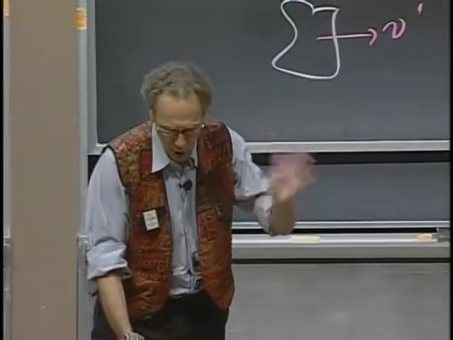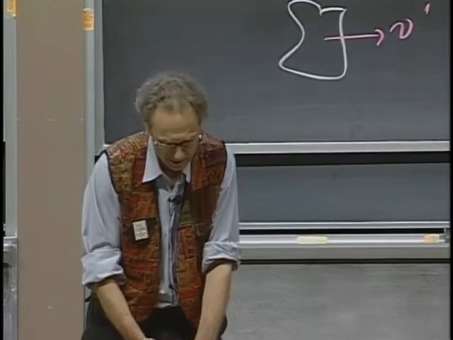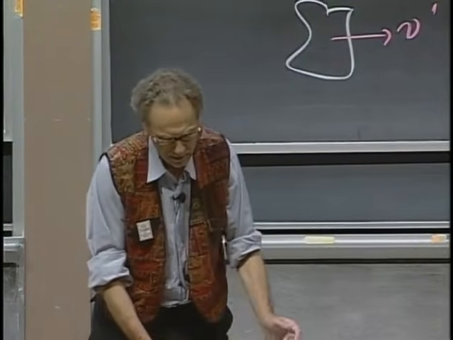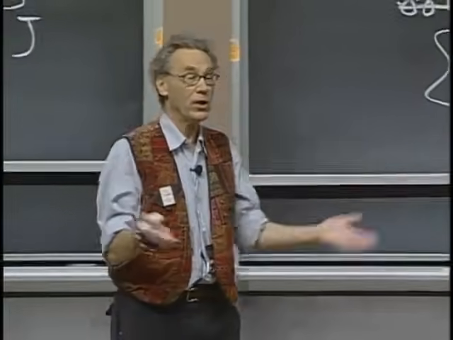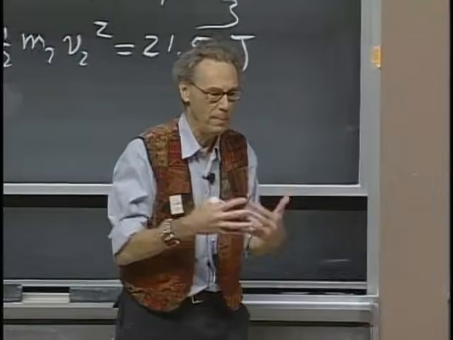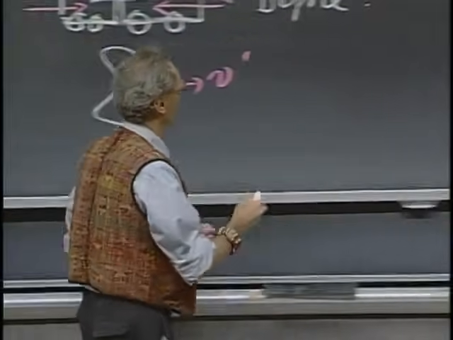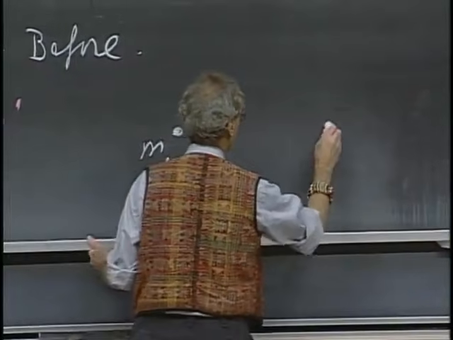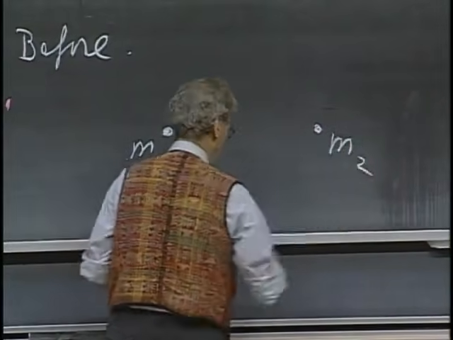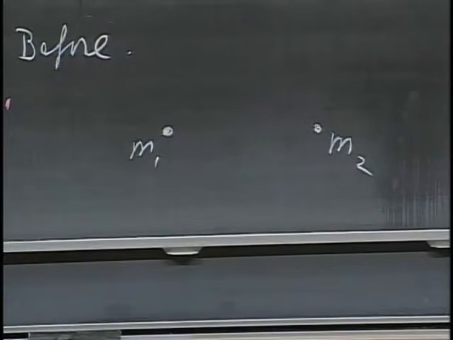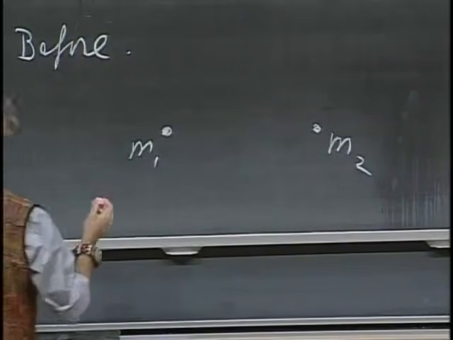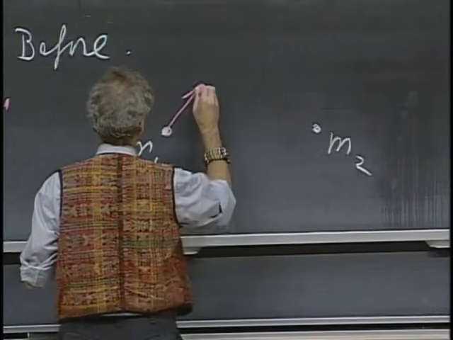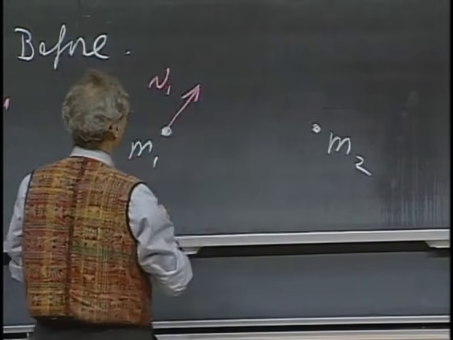So momentum is approximately conserved if we can ignore the friction from the road during the impact, because the impact time is so short. So let here be a car with mass m1, and here is the other car with mass m2, and we'll make it a two-dimensional problem, because we have seen only one-dimensional problems until now.